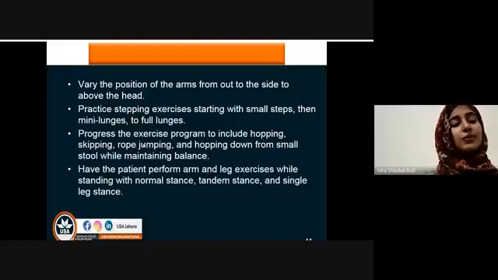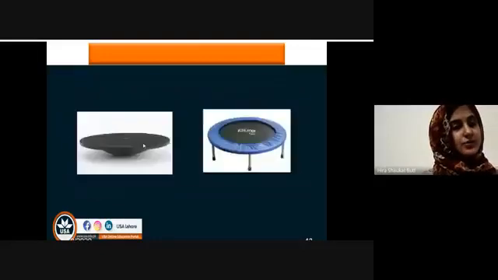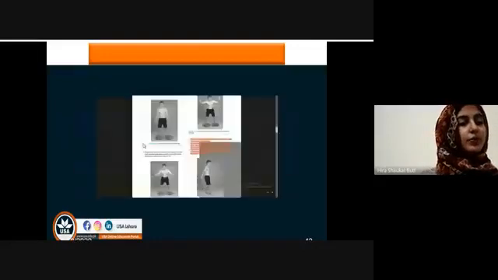Have the patient perform arm and leg exercises while standing with the normal stance, with the tandem stance, and with the single leg stance. Okay, like this, and standing on the single leg. So all the transitioning movements can be added in order to enhance the dynamic balance exercise. Okay, so this is the wobble board and the mini trampoline.